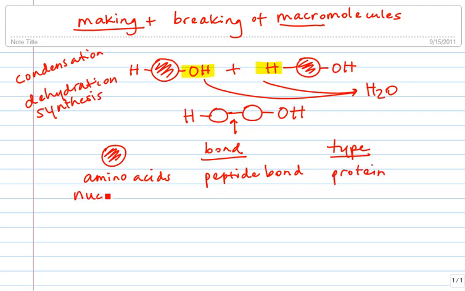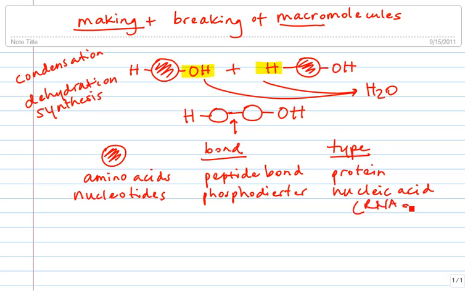If you string together nucleotides, building blocks, then you are making a phosphodiester bond, and you've made yourself a nucleic acid, meaning an RNA or a DNA molecule.